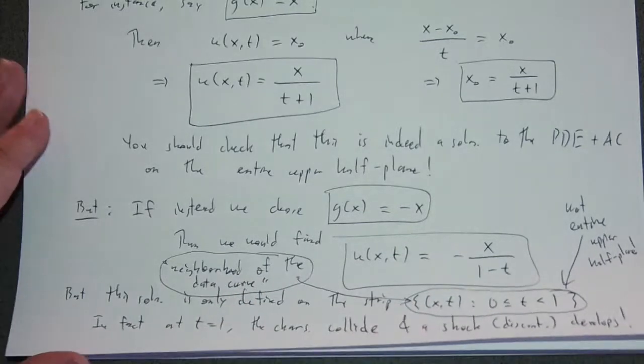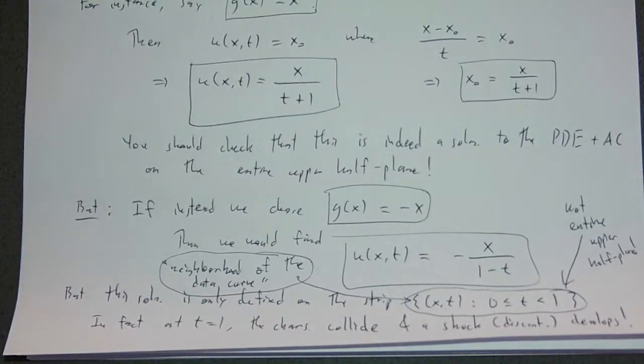So what we got was not the existence of a solution on the entire domain that we sought. Instead, it was the existence of the solution on a neighborhood of the data curve. Under some assumptions, we're going to be lucky enough to get that. So this shows how following this process leads to showing that for Burgers' equation, it is absolutely going to depend on the data function g whether or not you can actually solve this.